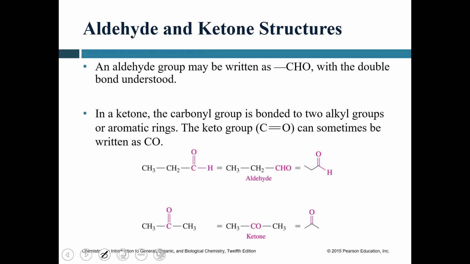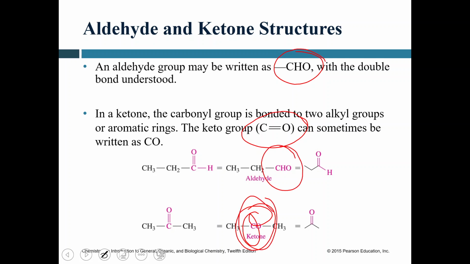In many cases, the aldehyde group in condensed structural formulas is written as CHO, where the double bonds are understood. Everybody appreciates that. In a ketone, the carbonyl group can sometimes be written as just CO in a condensed formula. So here you have CHO in an aldehyde, here you have CO in a ketone.